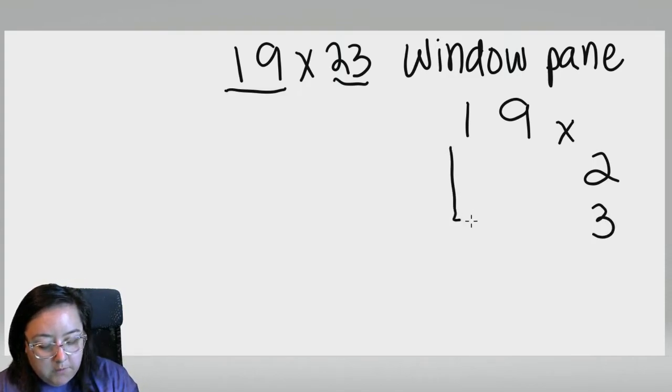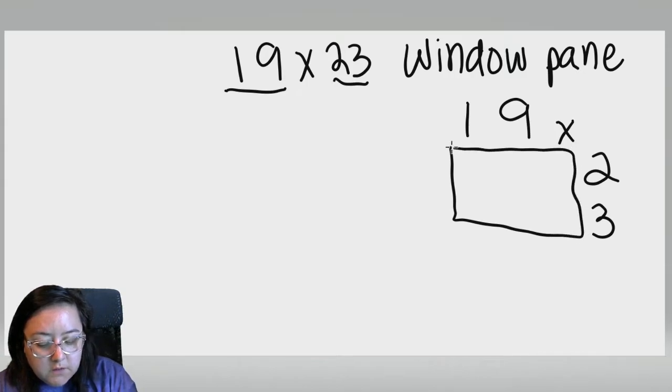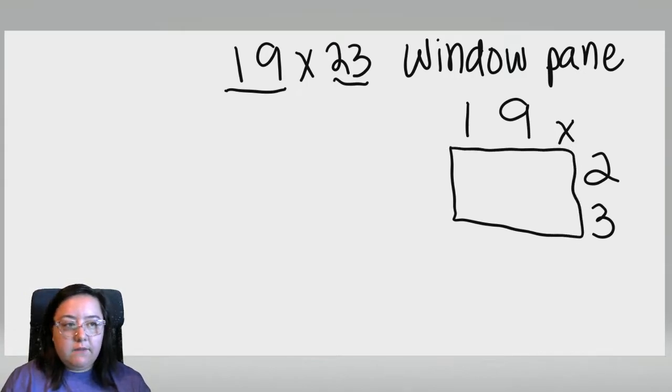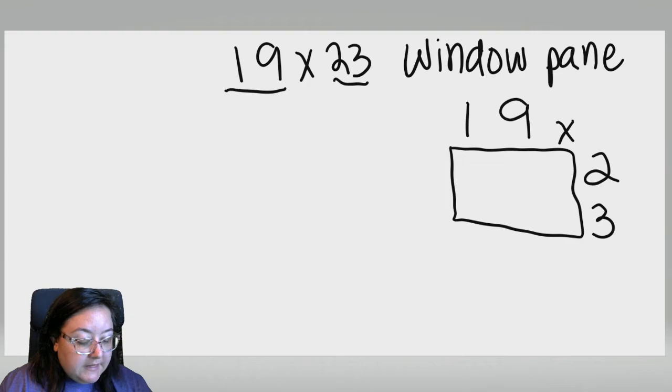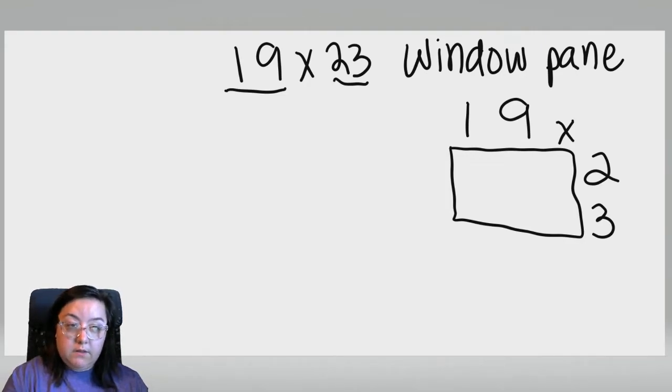Now we draw our box, or you can even draw your box beforehand. You do not have to wait until after you've written your numbers out to draw the box. Now this may be a little bit different than how you were taught to draw this if you were taught this in your classroom. I noticed my students were getting so caught up on drawing the box and doing it incorrectly. So this is what I told them.